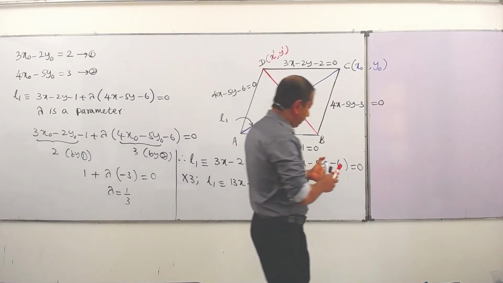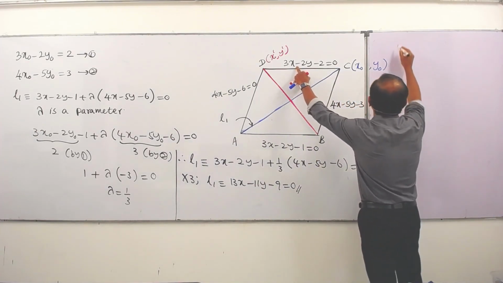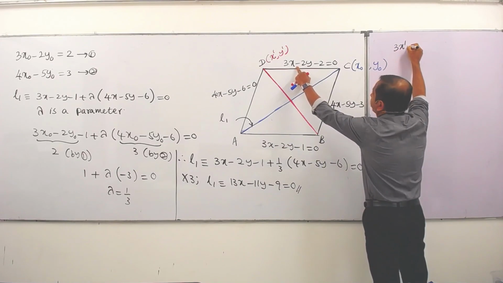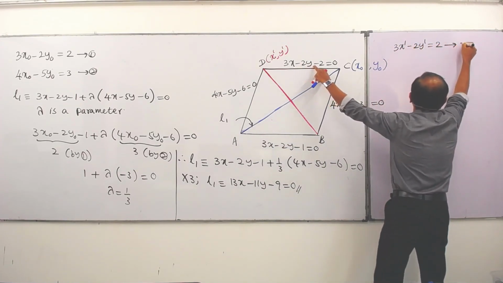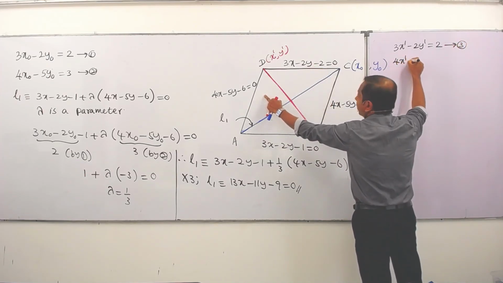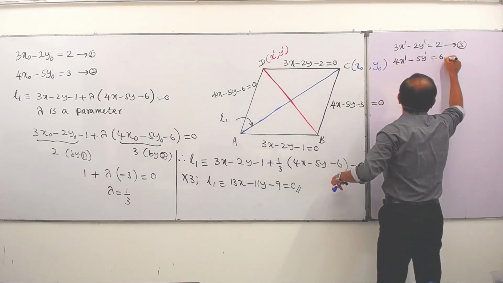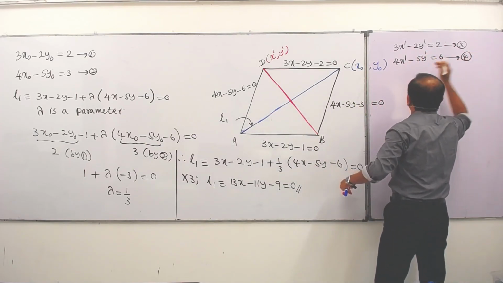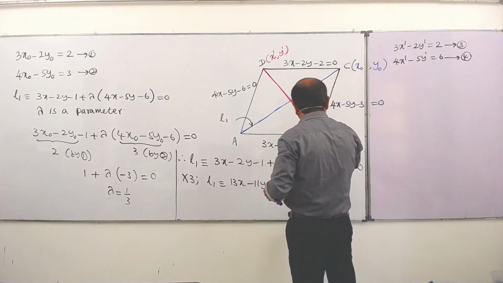So 3x dash minus 2y dash is equal to 2, number 3, and 4x dash minus 5y dash is equal to 6, number 4.